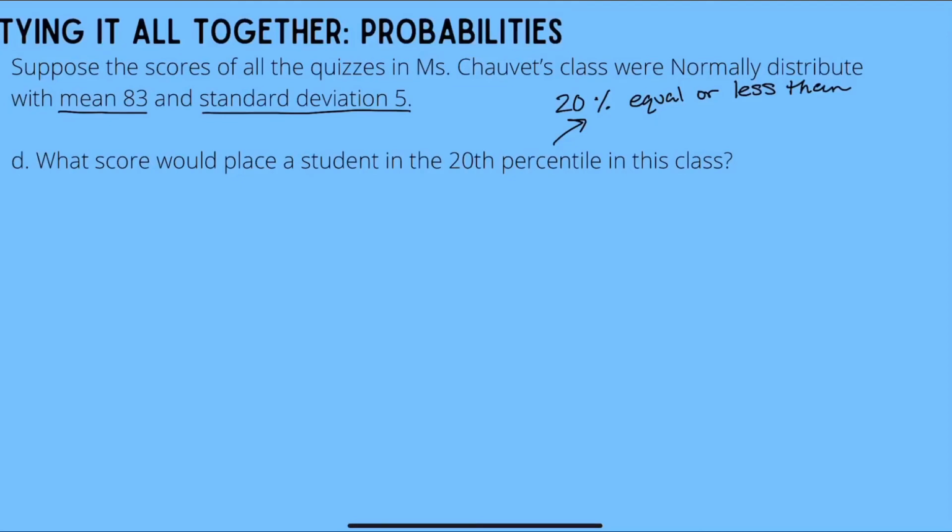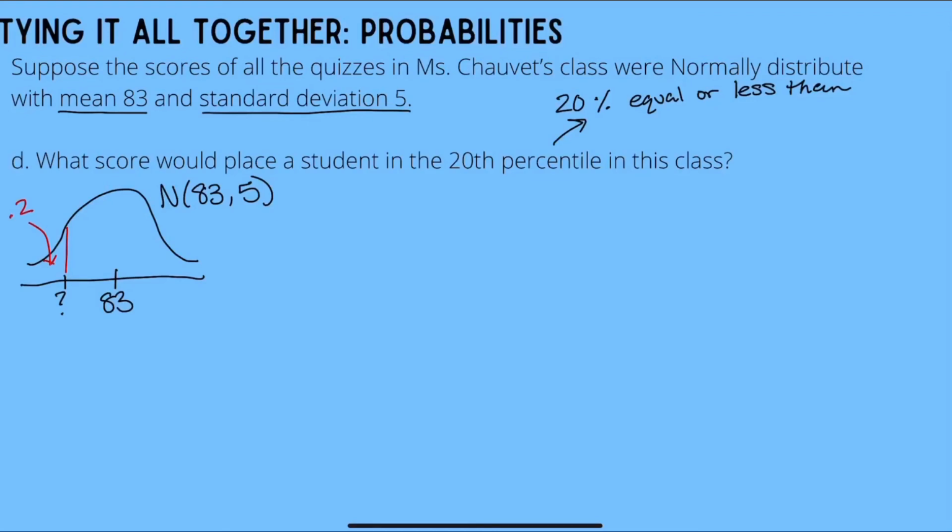So we can start out with a curve. And remember, we have our mean of 83, with our notation 83, 5. And this time, we're not really sure what value is going to go here. But we do know that whatever it is, that area is going to be 0.2.